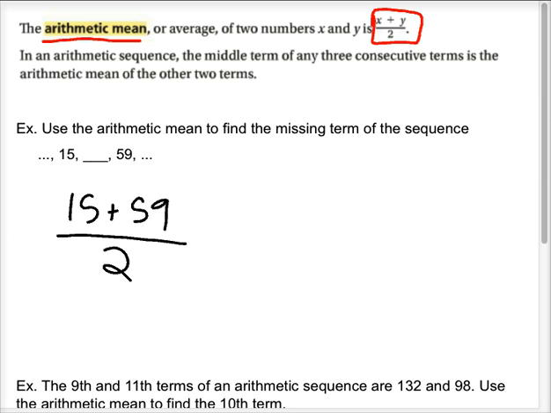So 15 plus 59 is 74. 74 divided by 2 is 37. Boom. Done. So that's all you have to do for these. If you're just looking for a term in between 2 other terms, just use the arithmetic mean, and that'll find that term for you. A little shortcut, so you don't have to go through all of that formula work in order to get your answer.